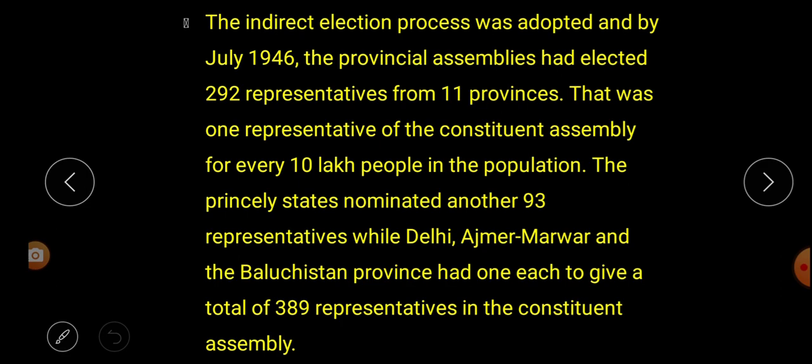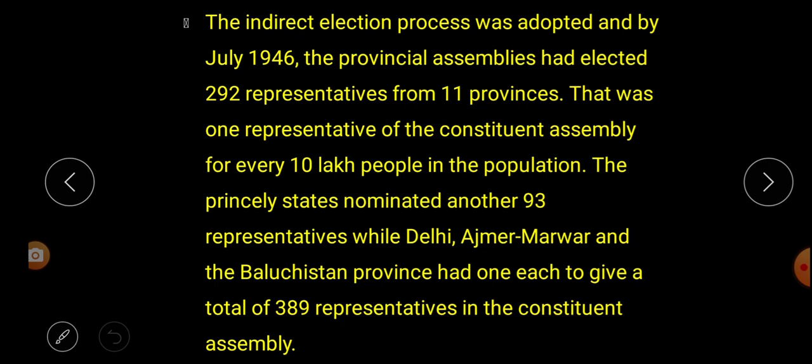So in this paragraph it is said that the indirect election process was adopted by July 1946. What happened in that time? The provincial assembly had elected 292 representatives from the 11 provinces. That means for every 10 lakh population, a representative of the constituent assembly was elected.